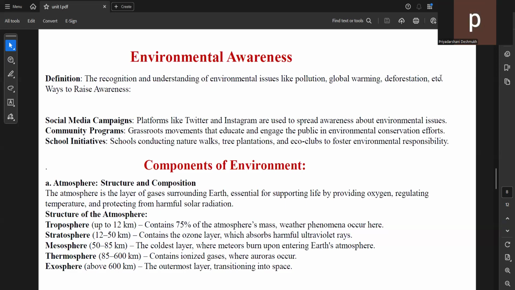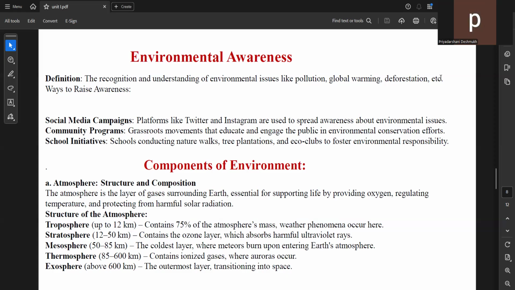The programs that we include to raise awareness about environmental science are social media, community, and school initiatives. Social platforms like Twitter and Instagram are used to spread awareness about environmental issues. Next is the community program, where grassroots movements educate and encourage the public in environmental conservation efforts.